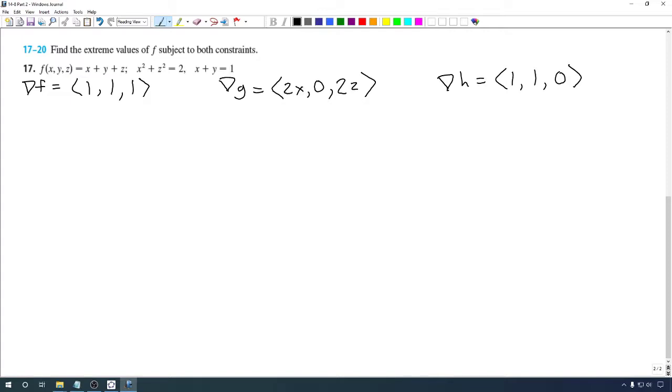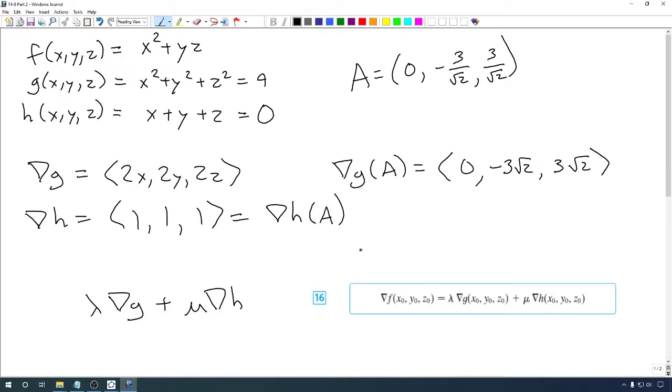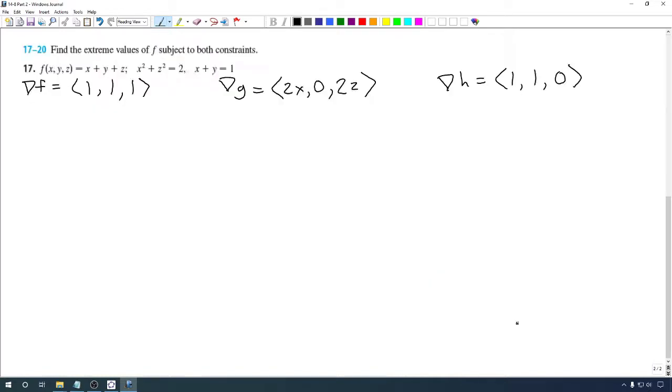We want to satisfy this equation here. So we're going to introduce lambda and mu that are going to multiply the gradient of g and gradient of h, and then we're just going to turn this into three equations. We're going to have the first component of f is equal to the first component of g times lambda, so 2 lambda x, plus the first component of h times mu, so just plus mu there.